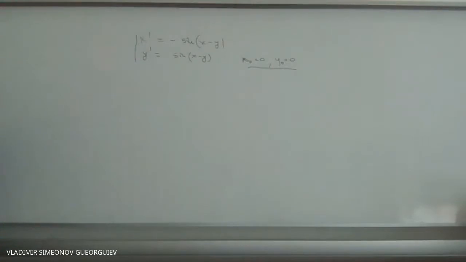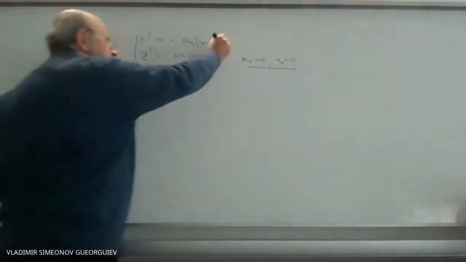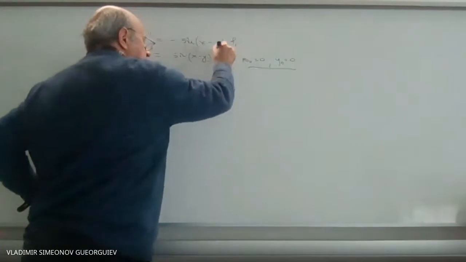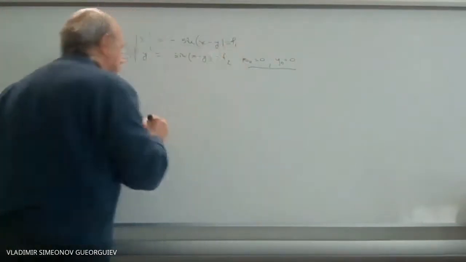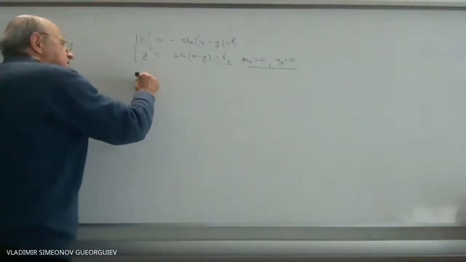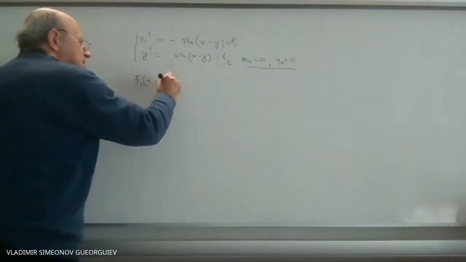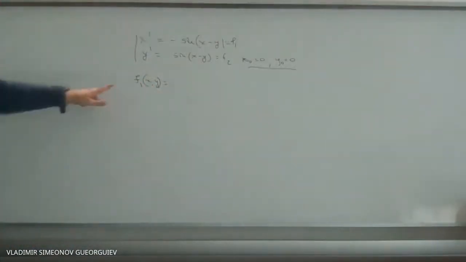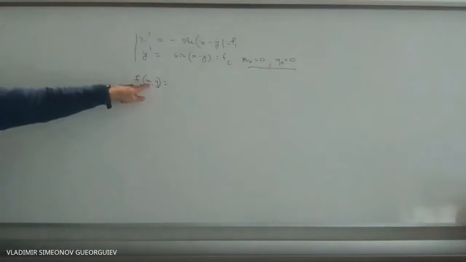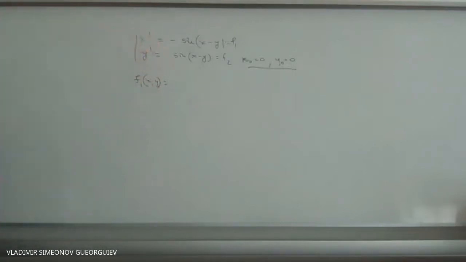And we have to make the Taylor expansion for F1. F1 shall be our first function, F2 the second. The Taylor expansion of F1 in x, y starts with F1 in 0, 0, but at 0, 0 it is 0. So we shall not write this term.